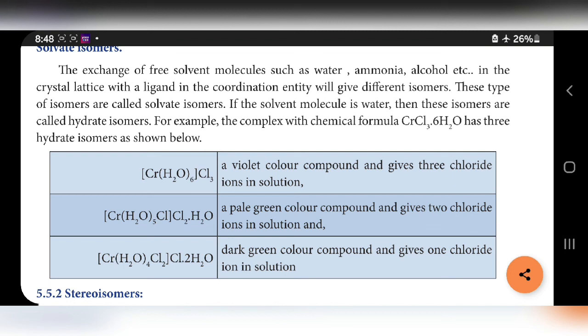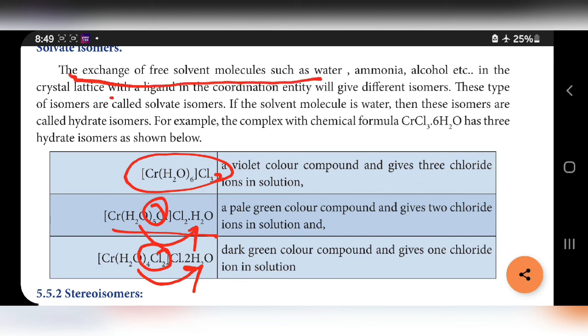So the exchange of free solvent molecules such as water with a ligand gives different isomers. Comparing these compounds, here one water molecule is exchanged by a Cl, and here 2 water molecules are exchanged by 2 chlorines. That exchange of water molecules with the ligand gives different isomers, called solvate isomers.